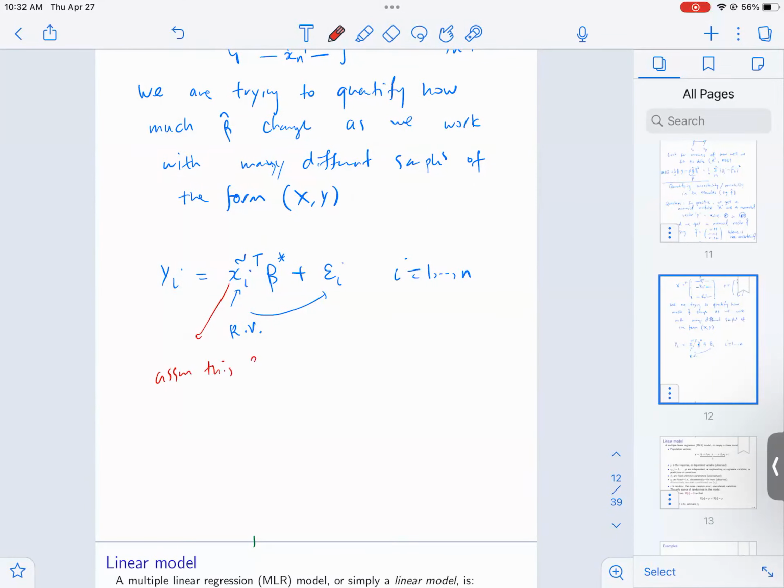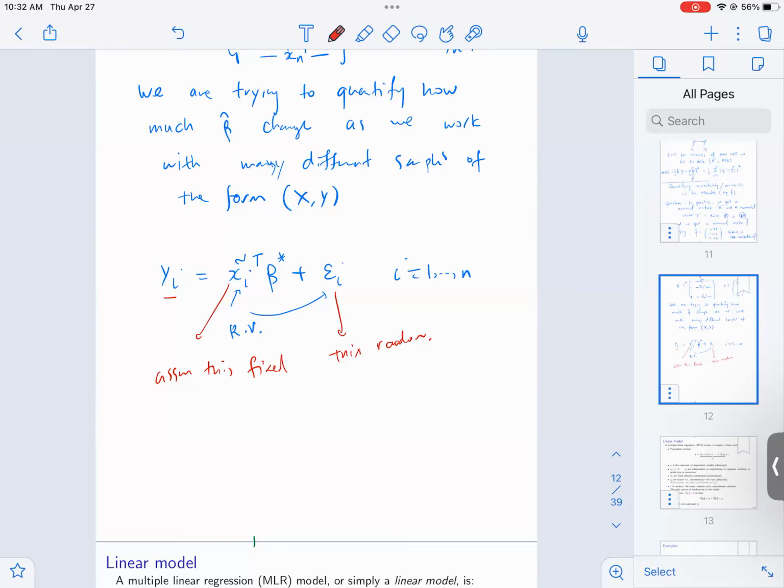So for us, for now, x is fixed and y is random. This is going to be a random variable for us. The random variable is now an abstract object. It's not the one that you observed.